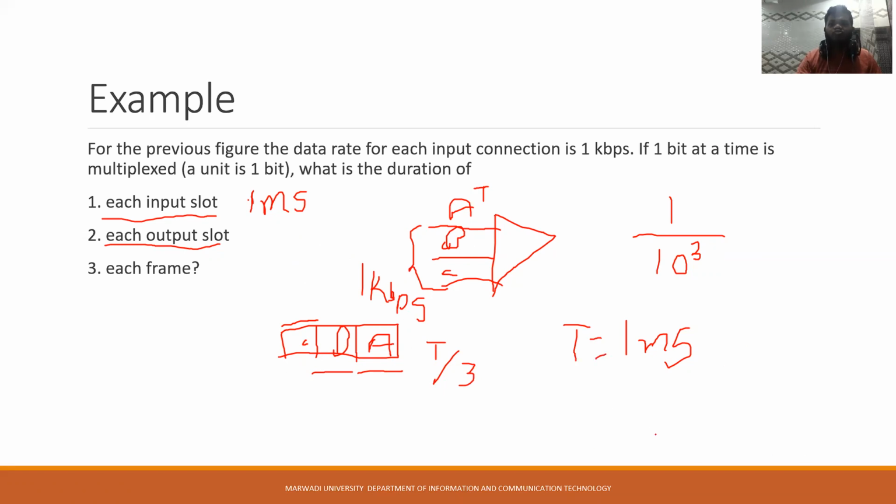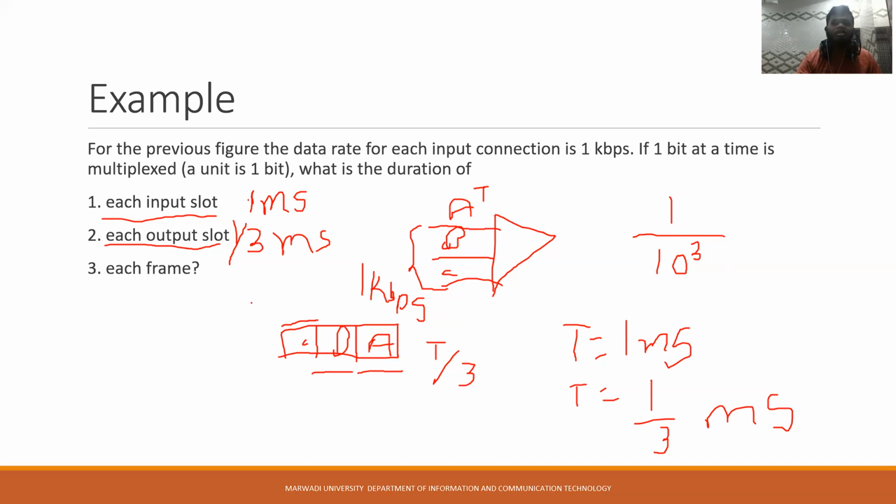So each output slot will have a duration of 1 by 3 milliseconds. Then we will see the duration of each frame.